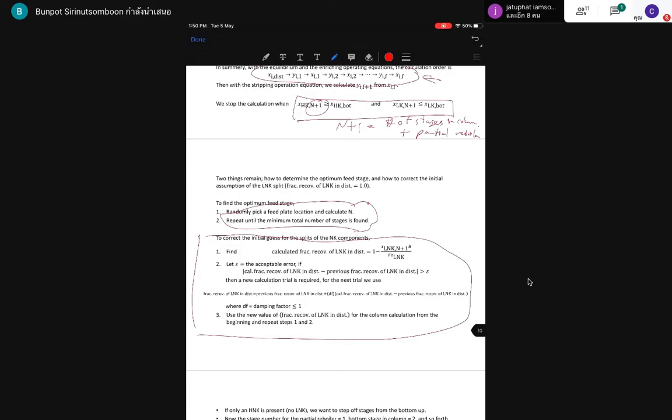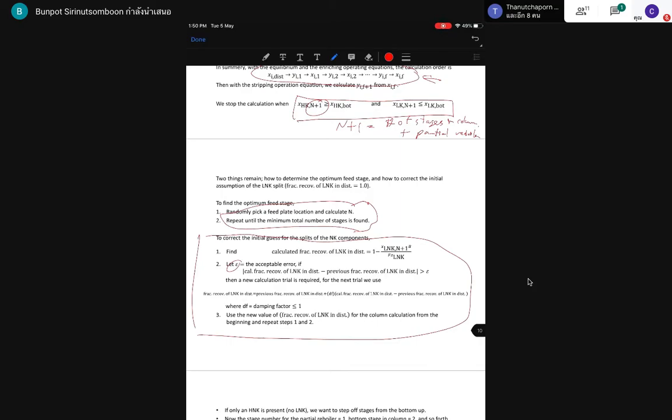I'm not going to go into much detail. Basically, you have to redo the calculation again and again until you get an error that is less than the acceptable error epsilon, to counter the assumption of complete splitting and find the true fractional recovery of non-keys.